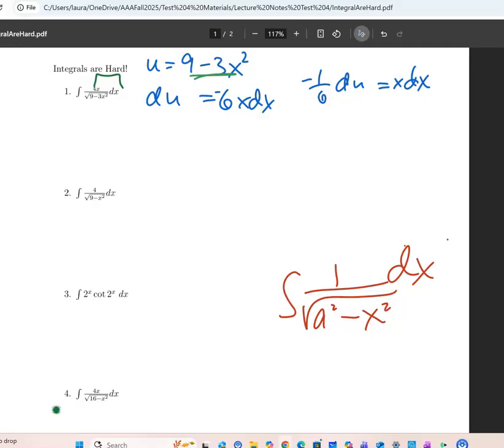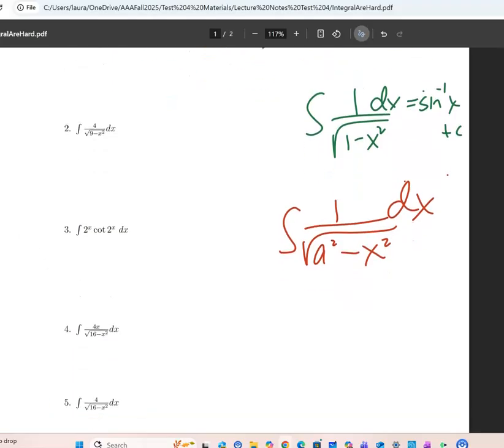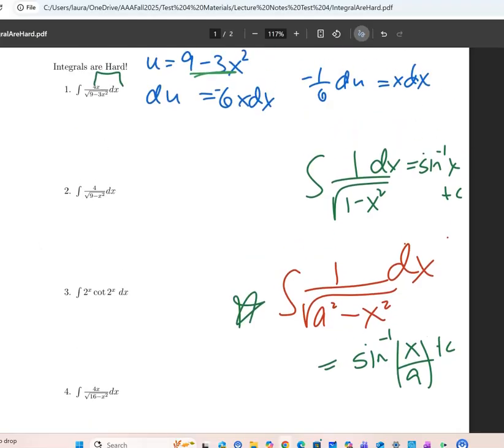The parallel would be 1 over square root of 1 minus x squared dx. You know this is arc sine of x, and then plus a c, right? This is going to be inverse sine of x over a plus a c. So this is just yet a new thing to memorize, you'll have it done by Monday.